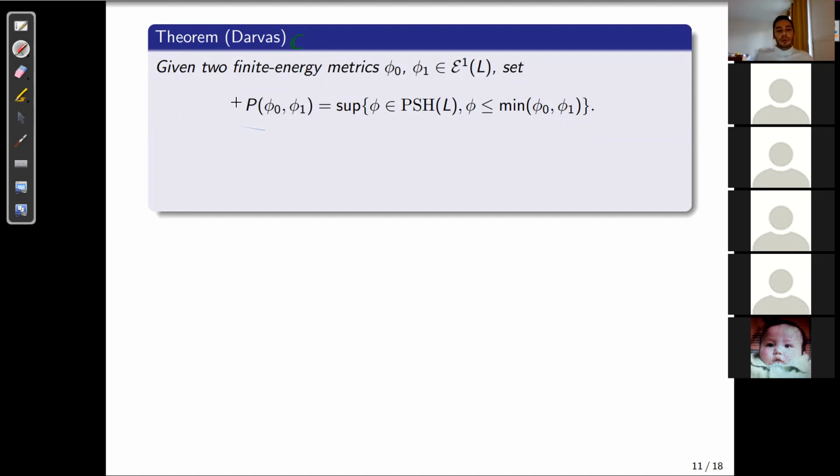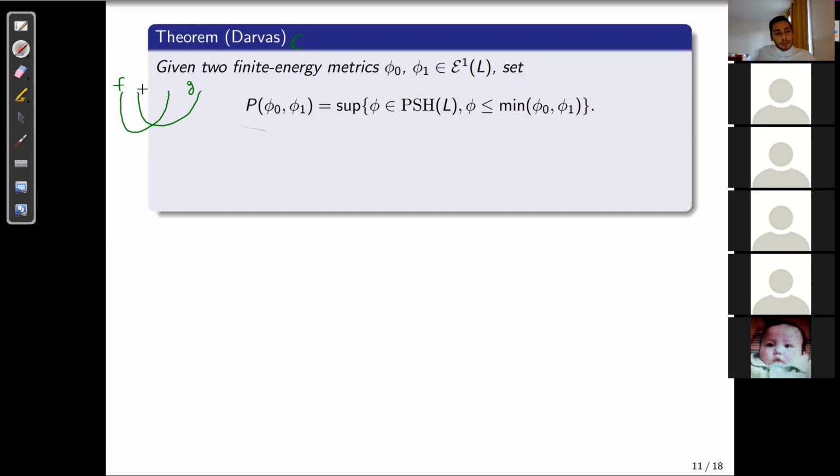And we're going to first define the so-called rooftop envelope of the two metrics, which is the largest PSH metric that is bounded above by both phi0 and phi1. So you can imagine in the case of convex functions. A convex function is basically a PSH function, right?